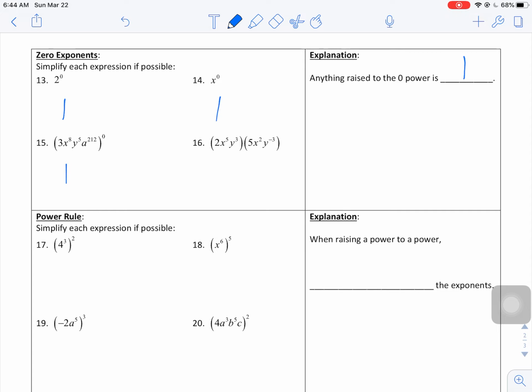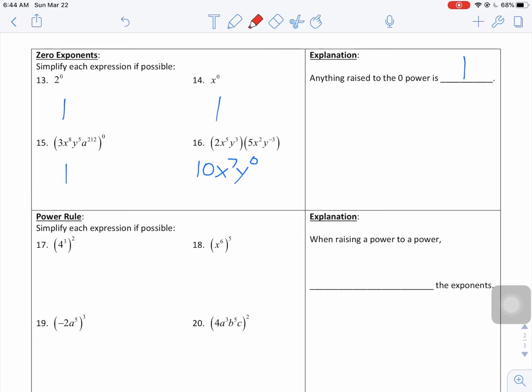And then on 16, coefficients, the numbers in front, get multiplied together like normal. So 2 times 5 is 10. And then for the x's, 5 plus 2 is 7. And then for the y's, 3 plus negative 3 is 0. So that part in the back, that y to the 0, this part right here, this is just 1.